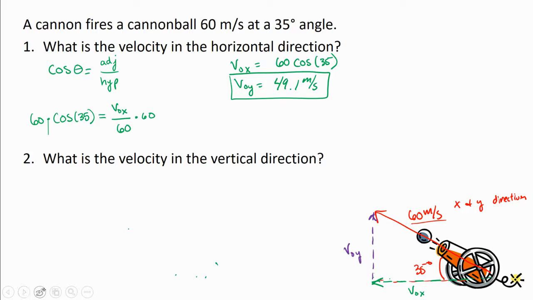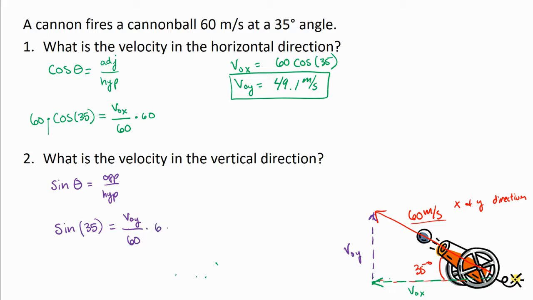Let's take a look at the vertical now. So in the vertical, we're looking for the opposite. We're the furthest away from the 35. So that's going to be the sine function. Sine of theta is opposite over, sorry, not over adjacent, that's tangent, over hypotenuse. So for us, that's sine of 35 degrees is equal to V naught y, initial velocity in the y direction, over 60.